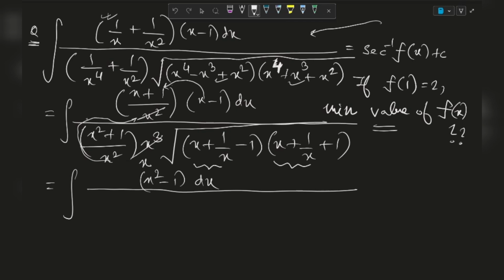So I took this to the top, multiplied with this particular expression. I'm sorry, this arrow might mislead you. So x² will go here, this x² and this x² will get cancelled. So basically we will be left with only x³. This x² is not there anymore.